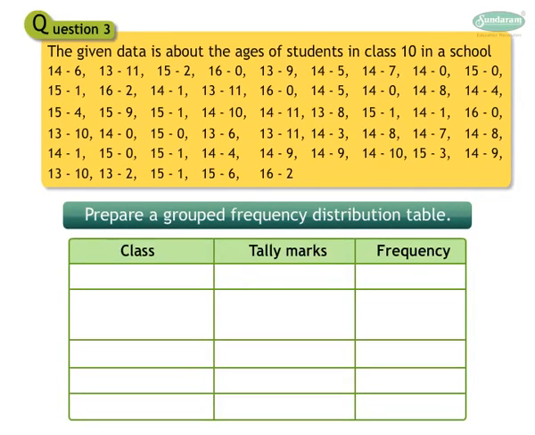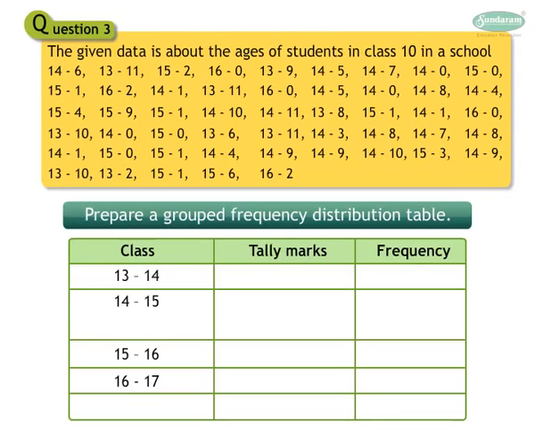In grouped frequency distribution table, we will distribute the numbers in groups as 13 to 14, 14 to 15, 15 to 16 and so on. The highest number in the question is 16 2. Therefore, we will write class from 13 to 14 till 16 to 17. Second column will be of tally marks.